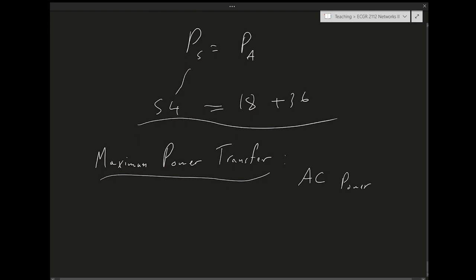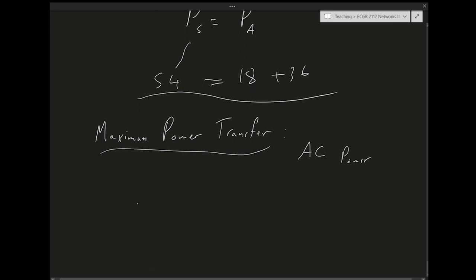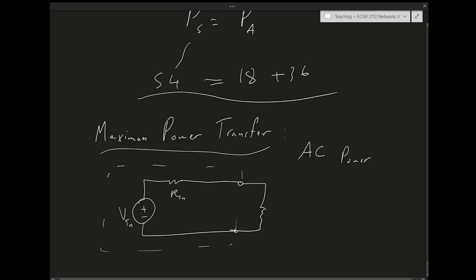You covered this concept in DC circuits, so you know that if you have some circuit that you can represent by its Thevenin equivalent, so you have V Thevenin and then R Thevenin, in terms of resistive circuits the question is, how do I load the circuit? What kind of load do I add to the circuit such that I can guarantee that I get the maximum power transferred out of that circuit into the load?